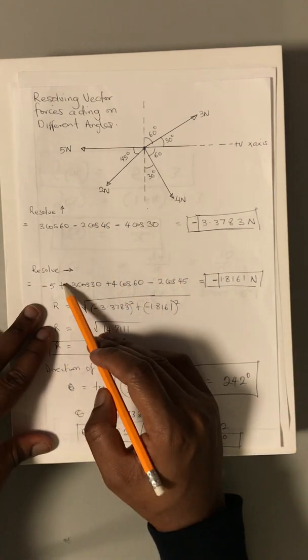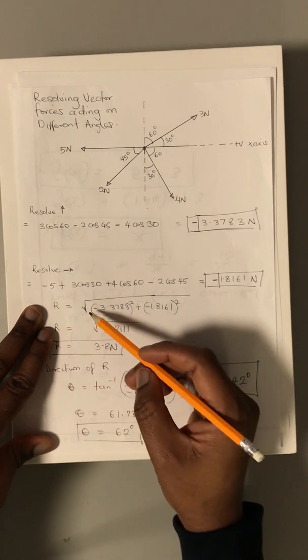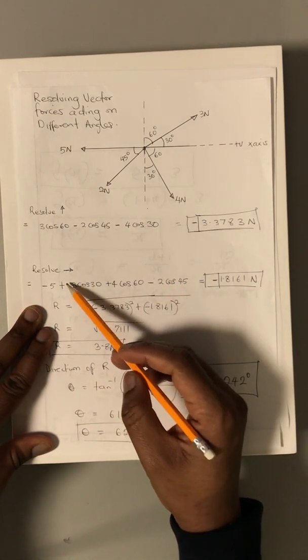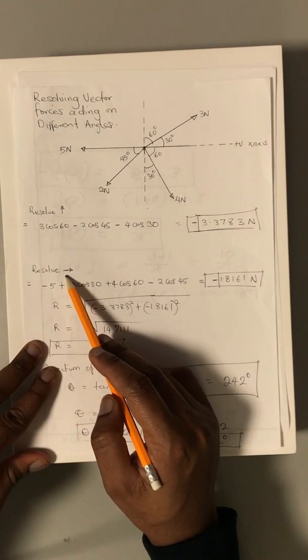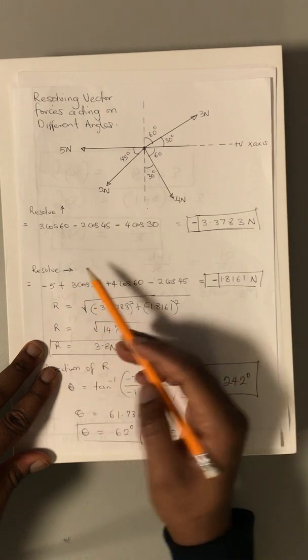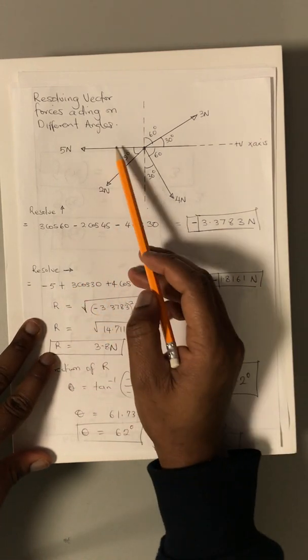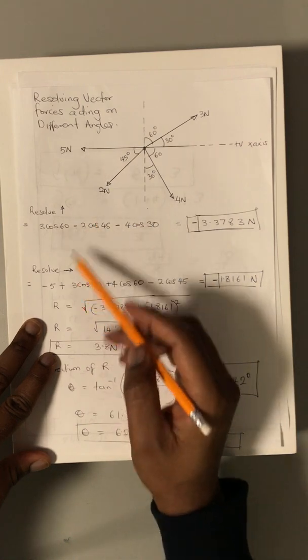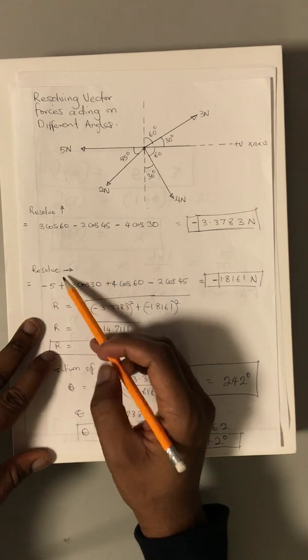Now, let's go on by resolving our vectors horizontally. We have 5 Newton acting in the negative direction.